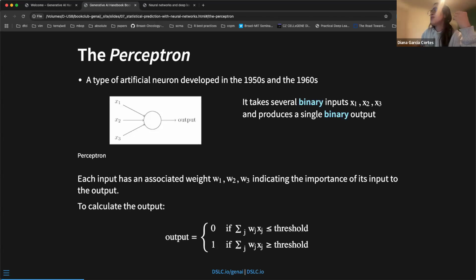So what kind of decisions could we make with a perceptron? One of the resources that I was looking into said we can think about going to a certain event, like a cheese fair outside.